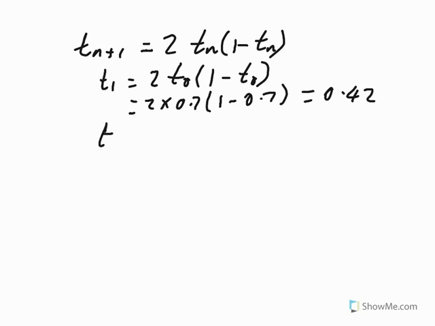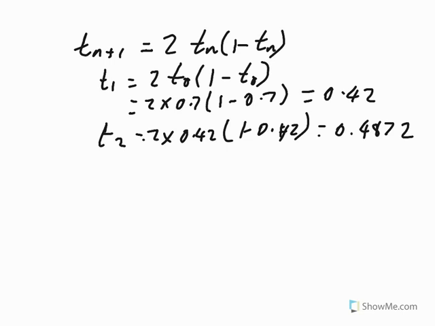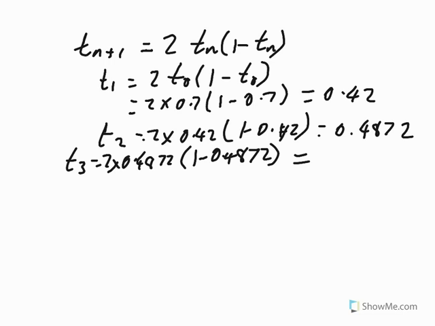Term 2 then would be 2 times 0.42, times 1 minus 0.42, which would be 0.4872. Term 3 is 2 times that, times 1 minus 0.4872, and when you work that out you get 0.499673.